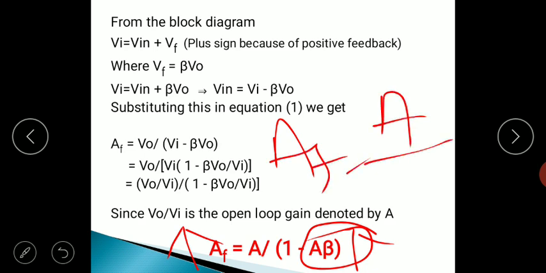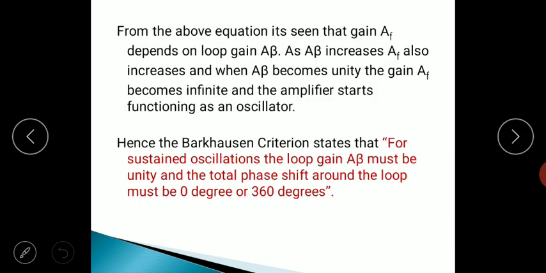It is A divided by 1 minus 1, that is A by 0, and the gain AF becomes infinity. So what it means is, as the value of A beta increases, the gain AF goes on increasing, and when the value of A beta becomes unity, the gain AF becomes infinitely large, and the amplifier starts functioning as an oscillator.